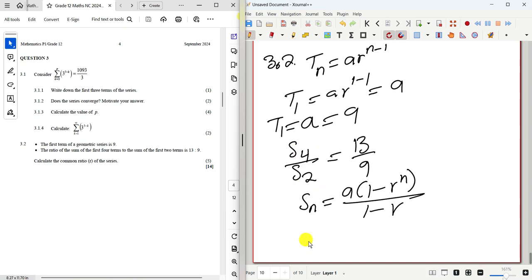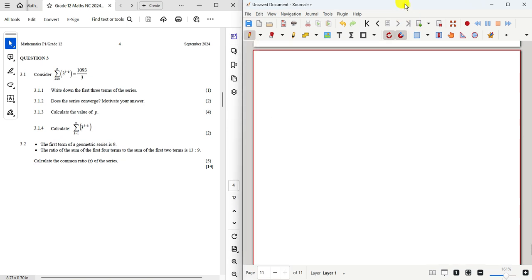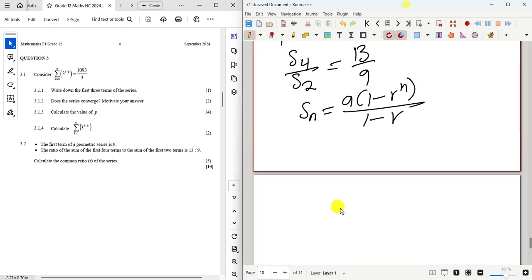Going to the next page, the sum of 4, we're going to say a into 1 minus r to the 4 all over 1 minus r.